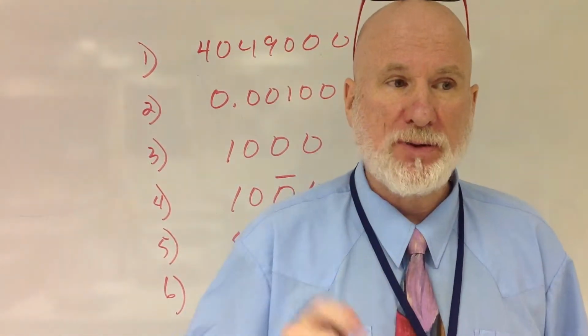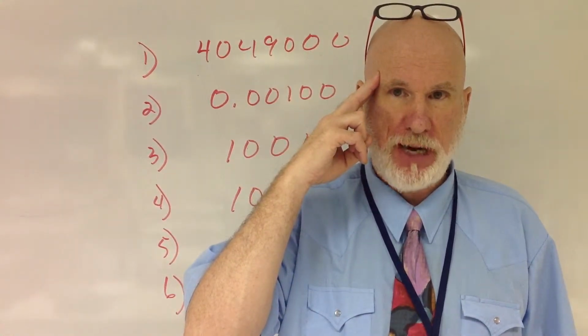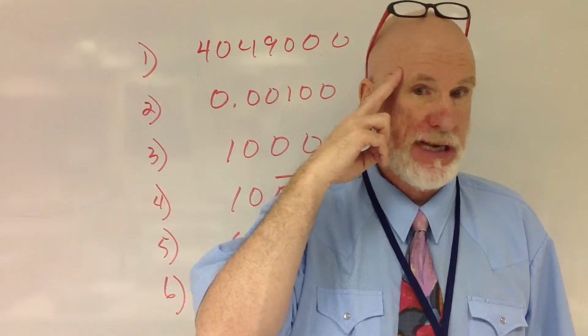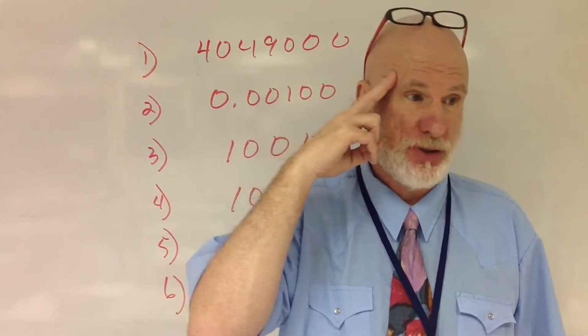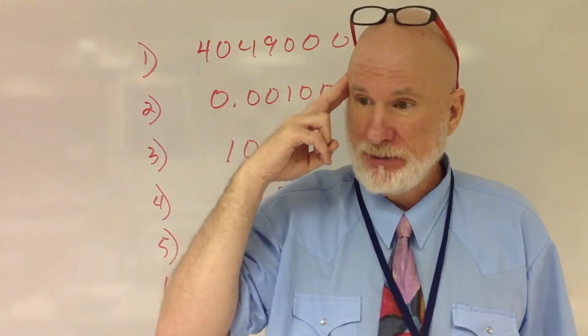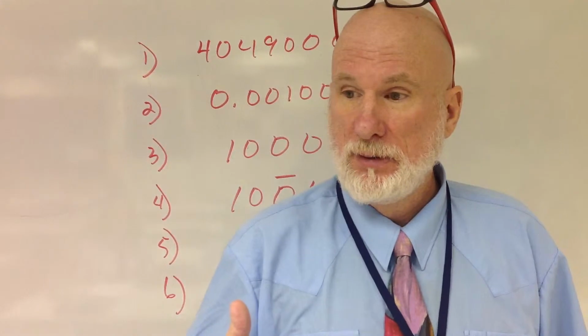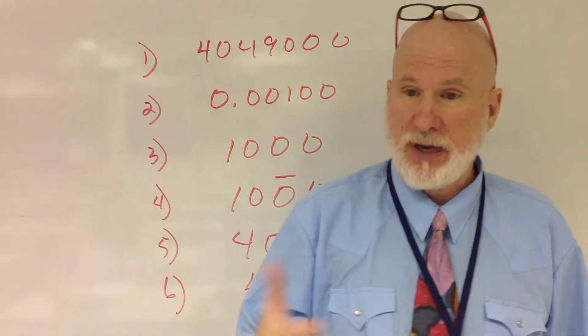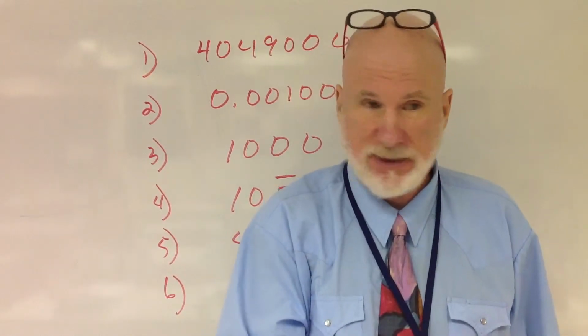Because if you're going to apply the rule which says addition and subtraction, the answer must have the same uncertainty as the least uncertain or the least precise measurement used in the operation, addition and subtraction, correct? So you have to be able to identify which is the least precise.